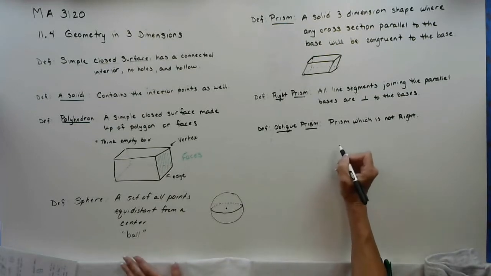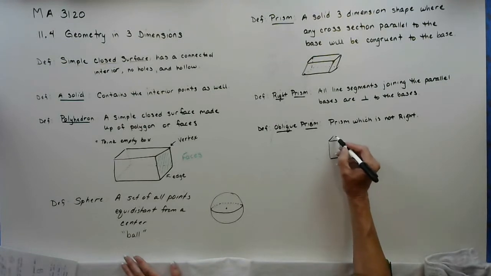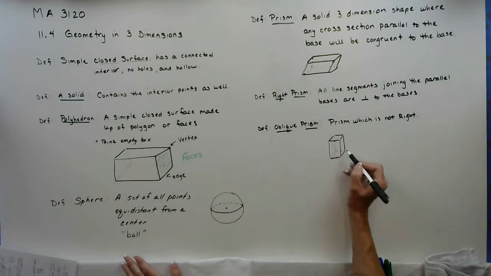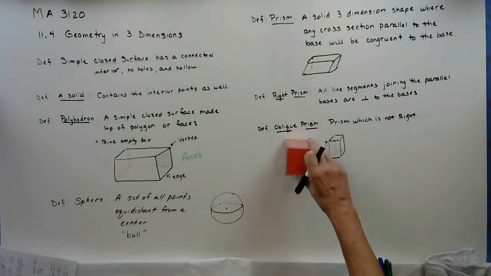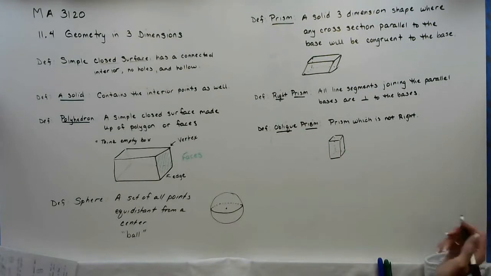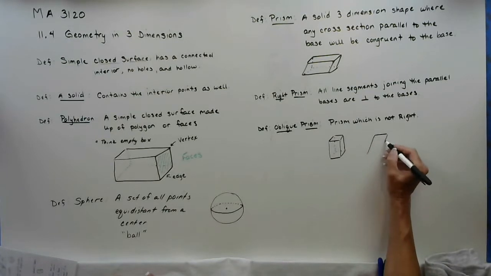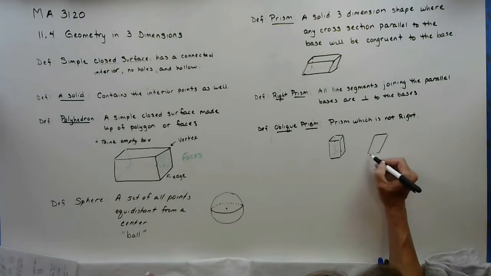Here's a right prism, kind of like the red one I drew a minute ago, where it's standing absolutely vertical and at a right angle to the base. If it is suddenly leaning over, then it is not a right prism.